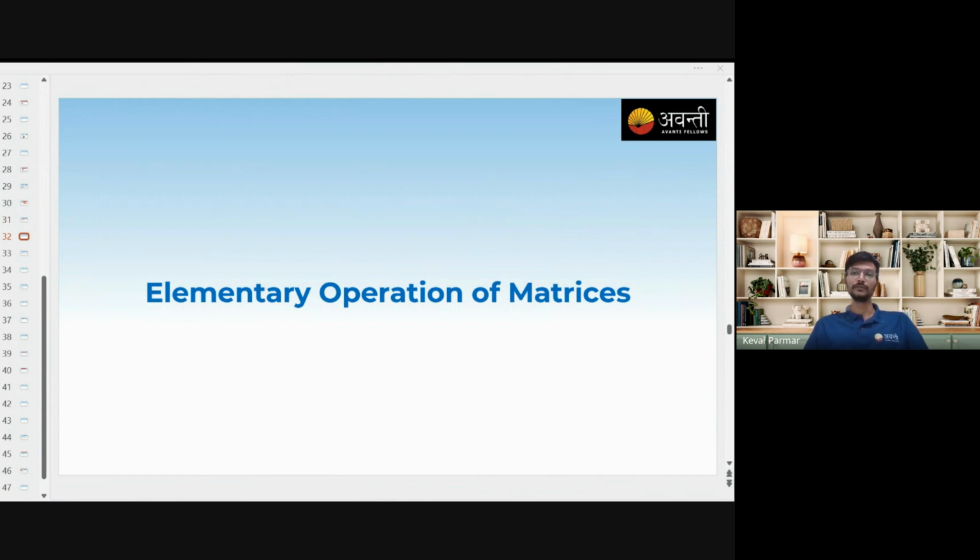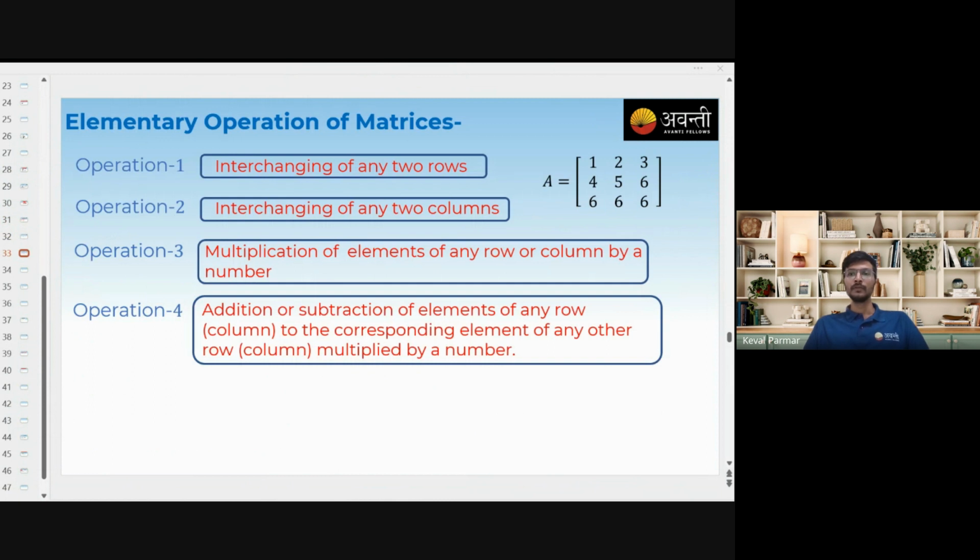Elementary operations. I hope you know all this. First one, interchanging any two rows. We can interchange the rows, or we can interchange the columns. We can multiply any one row with a number.